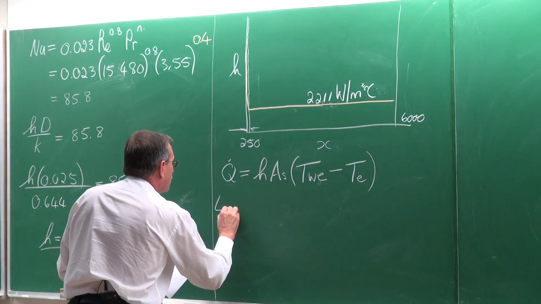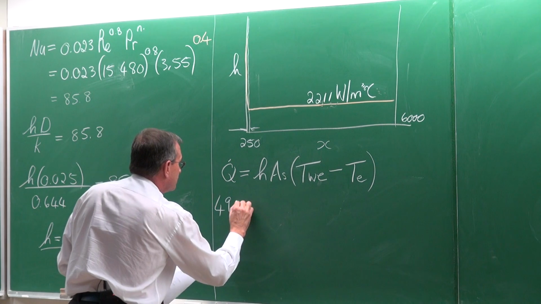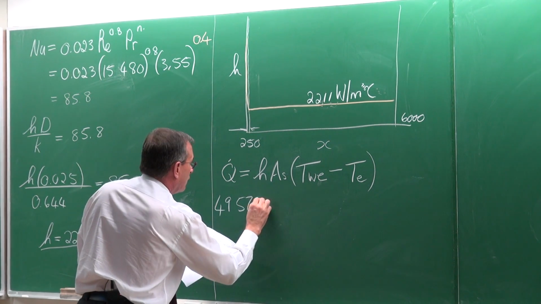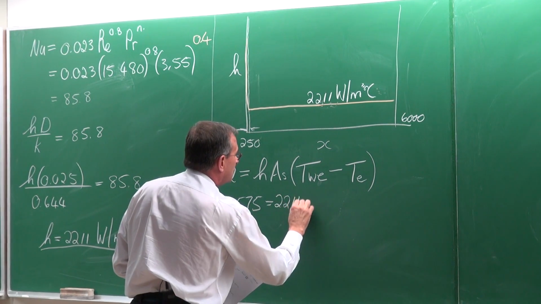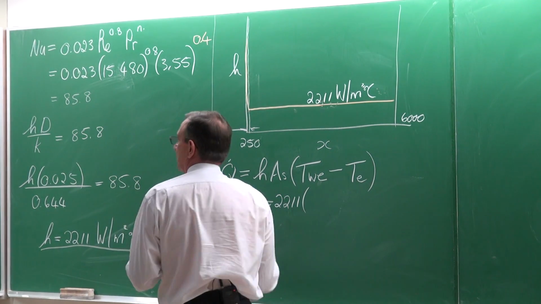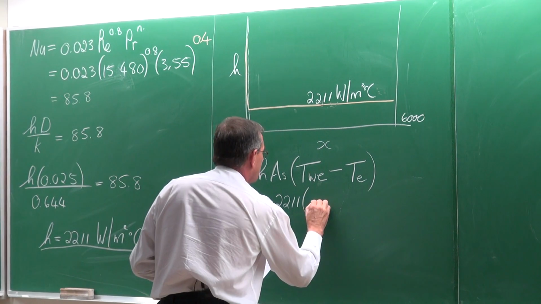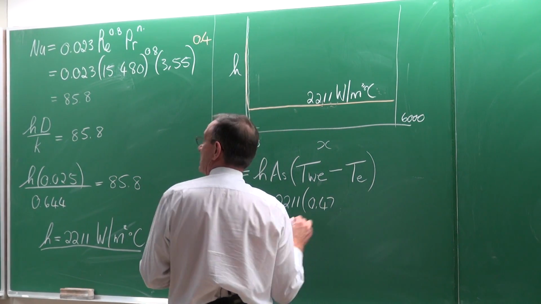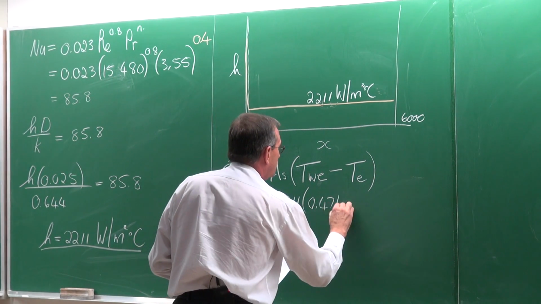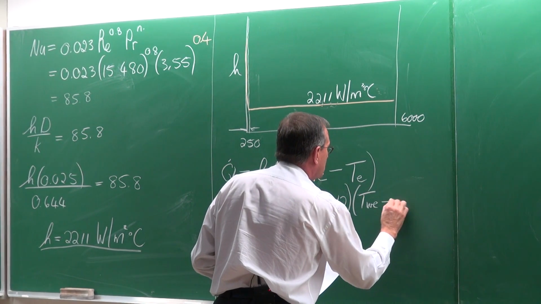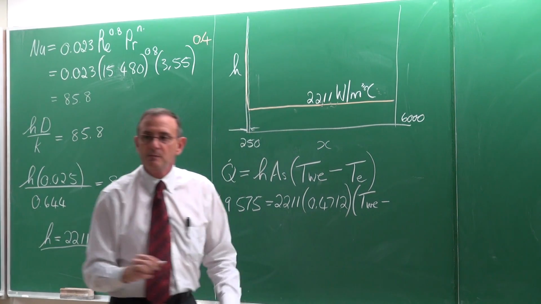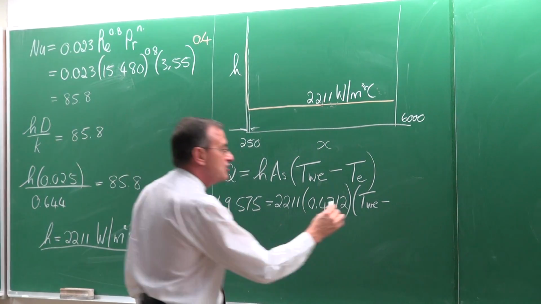So the heat transfer rate, 49,575, is equal to the heat transfer coefficient, which is 2,211, multiplied by the surface area, which is equal to 0.4712, multiplied by the wall temperature at the outlet minus the water temperature at the outlet, which is 80 degrees.